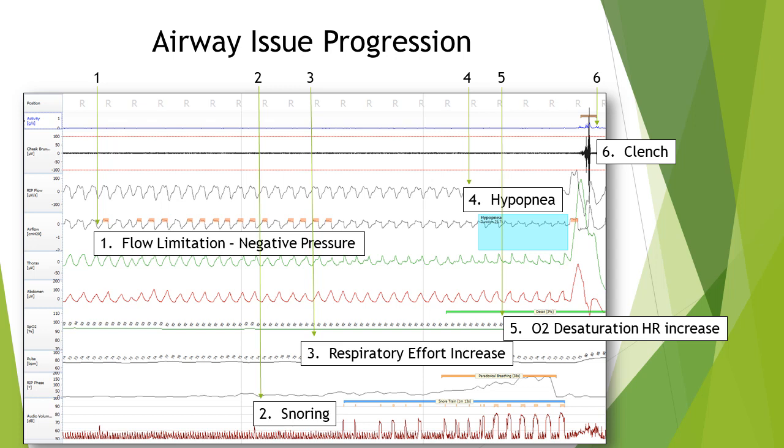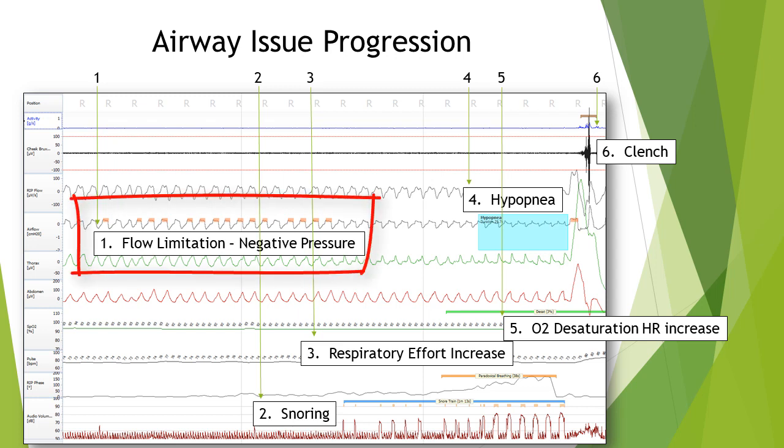I'm going to talk about that in context first. We have a 1.5-minute window here, and there are 6 stages of this airway. And I'm going to point out that at each stage, an EEG arousal and subsequent parafunctional event can occur. So the first stage here is flow limitation, and that's marked here by a series of breaths tagged with a little orange box.